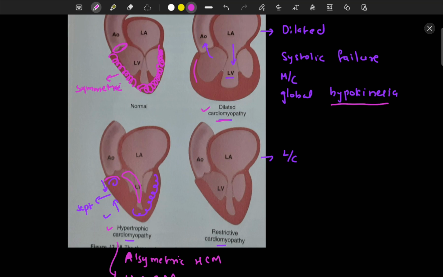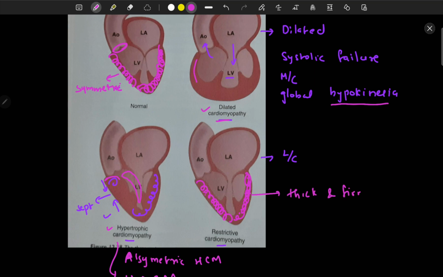Now what happens in restrictive cardiomyopathy? In restrictive cardiomyopathy, there is pathological infiltration. Due to this infiltration, the myocardial wall becomes thick and firm.